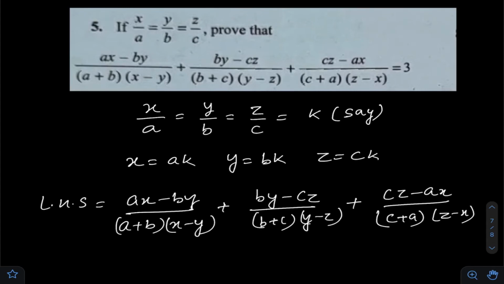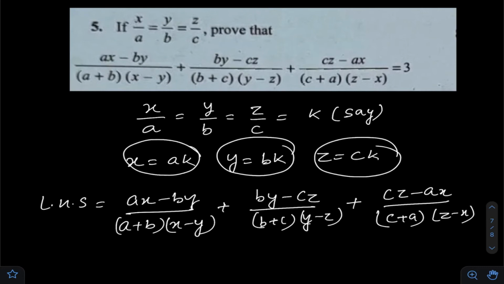Now this is the left hand side of the question. Now put the values of x, y and z here on this side.